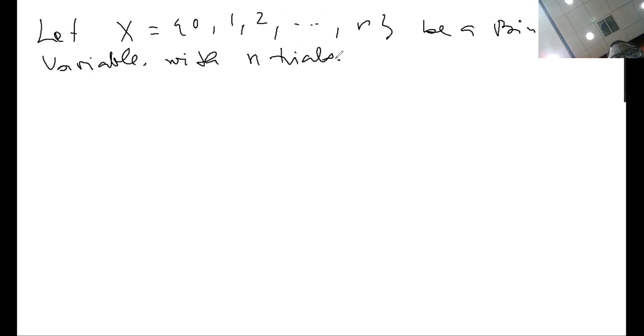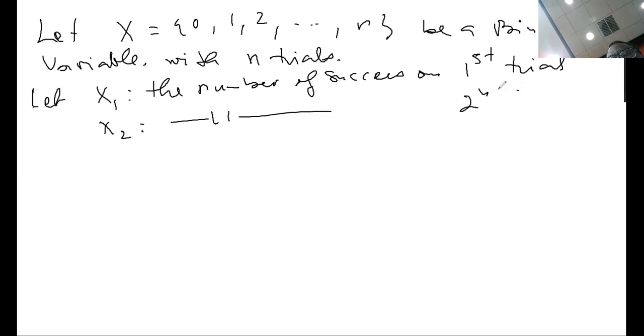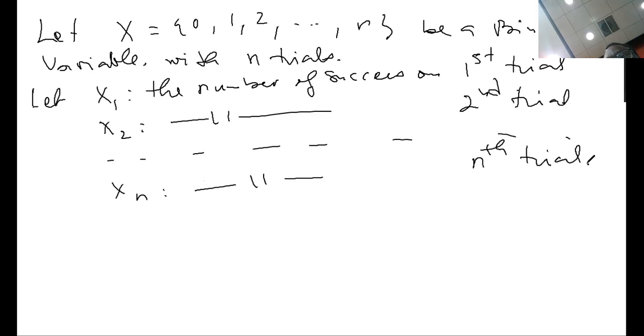Let x1 be the number of successes on the first trial, x2 on the second trial, and we continue this way, xn the number of successes on the nth trial.